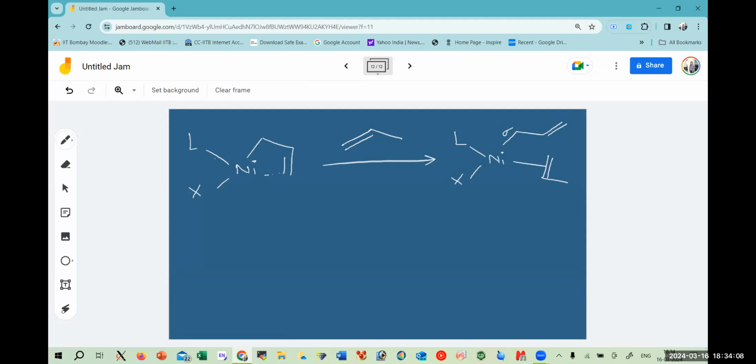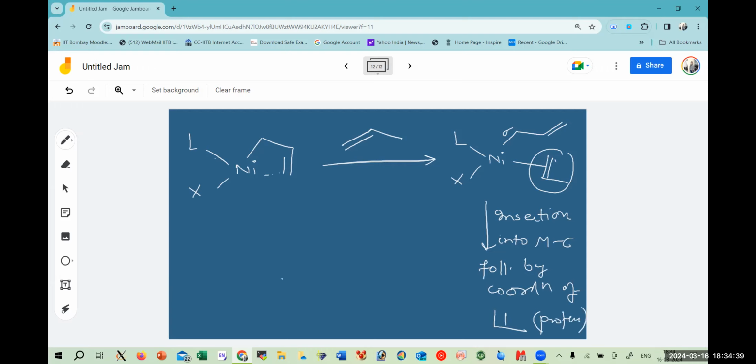Moving ahead, firstly, because this is an alkene and this is the metal-carbon sigma bond, the insertion of the alkene into the metal-carbon bond will happen, followed by coordination of another propene molecule.